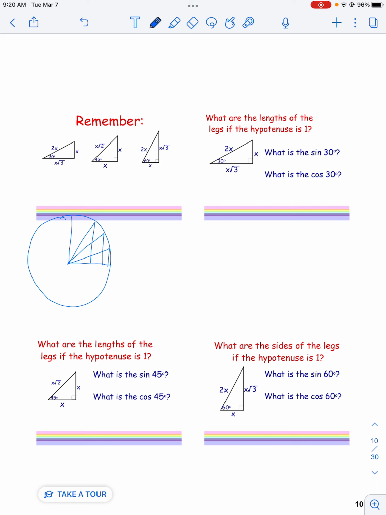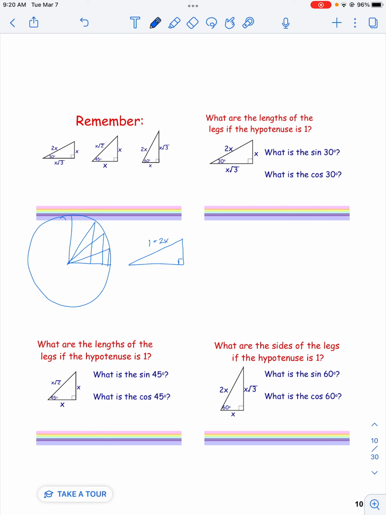Each of these triangles, the 30, 60, 90, now with a radius of 1, I can figure out the length of the other sides. You could use SOHCAHTOA, but let's instead use those ratios that we know.